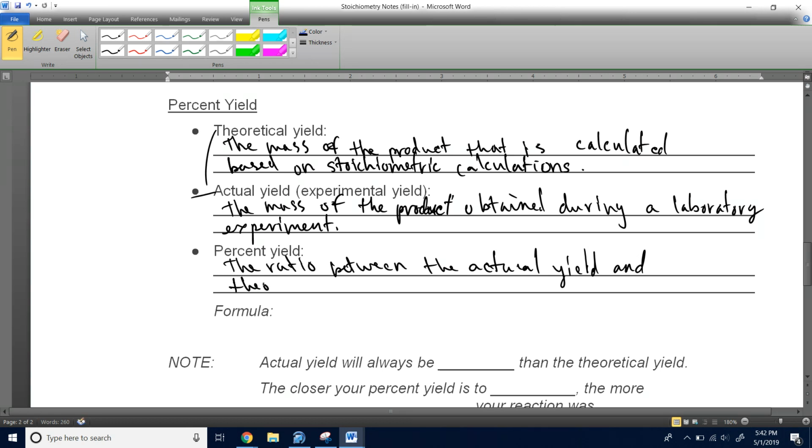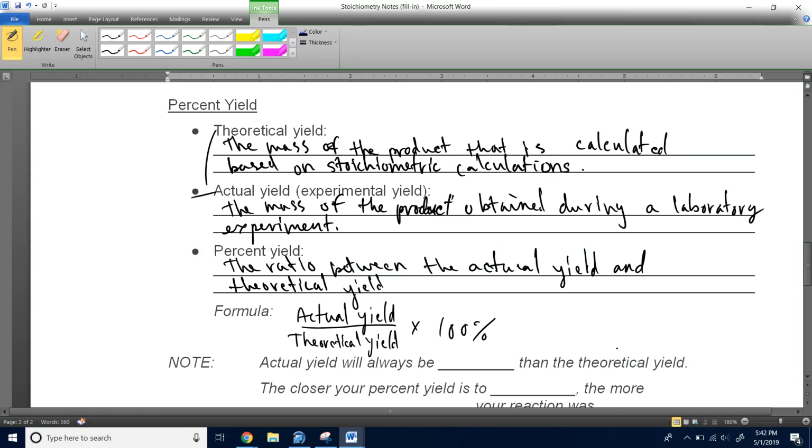So the formula that we'll be using is the actual yield divided by our theoretical yield, and we multiply that by 100%.